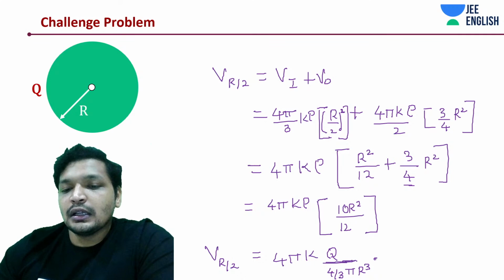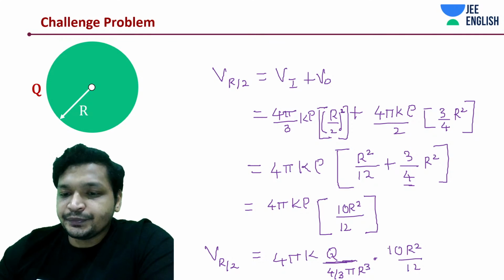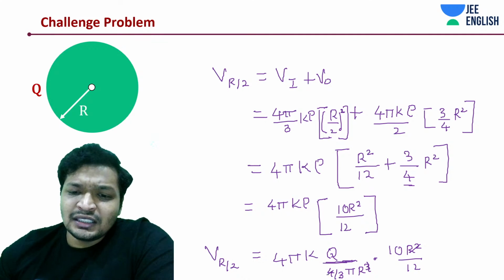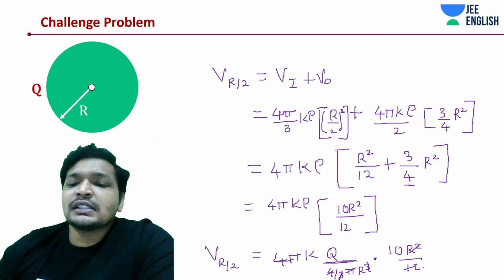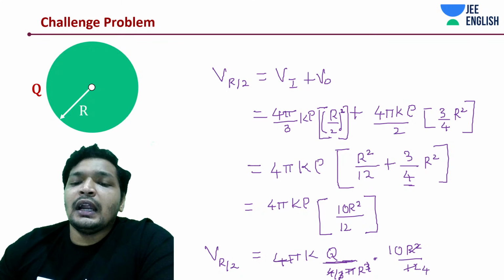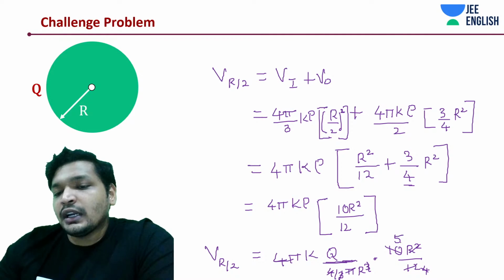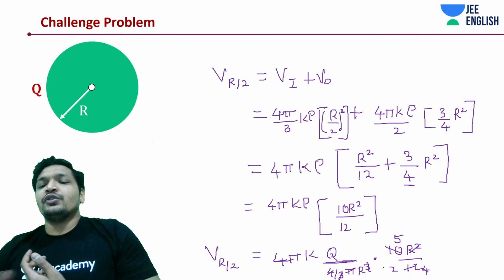Into 10 r square by 12. Just do the remaining math. Just cancel out 4 pi, 4 pi. You have something like 3 left over here. This would go out as 4, and over here 4 would get something like 5, and 2 in the denominator. So it's basically 5k by 2.